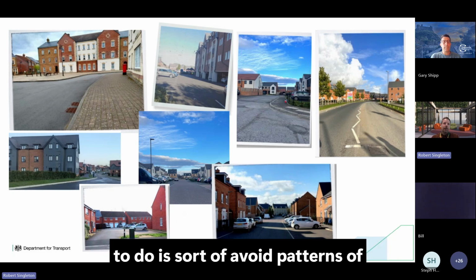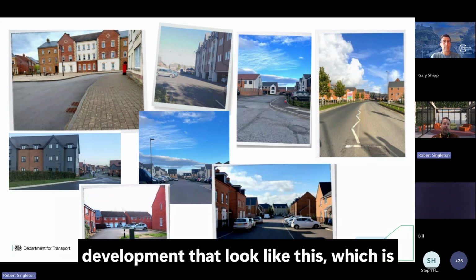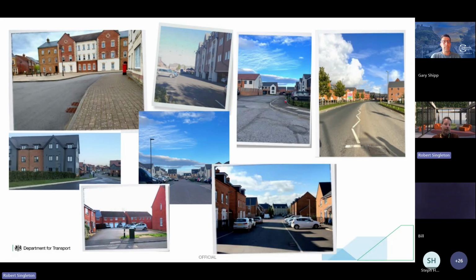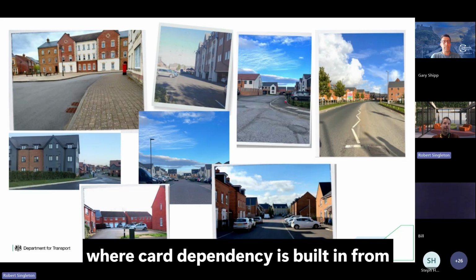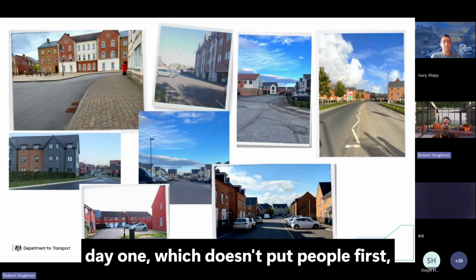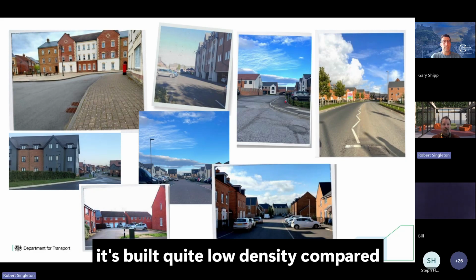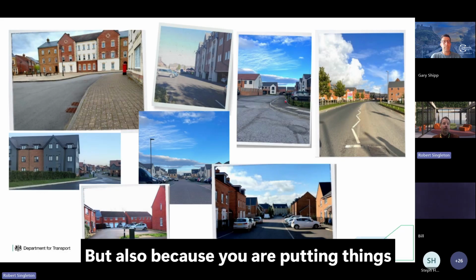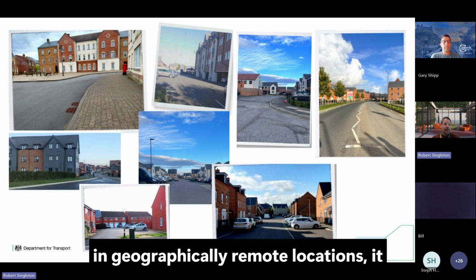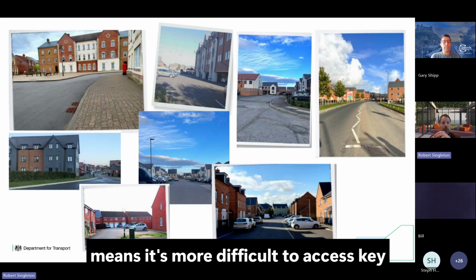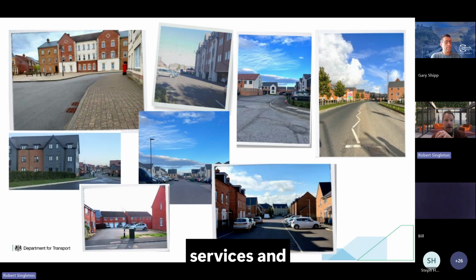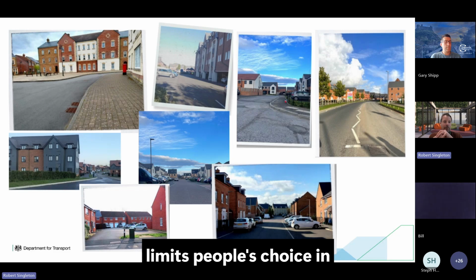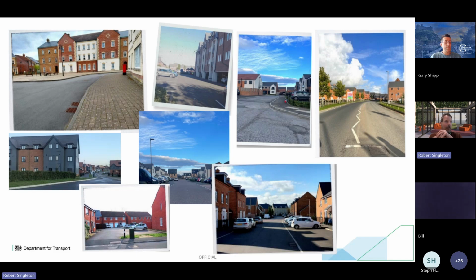And what we're really trying to do is avoid patterns of development that look like this, which is about geographically remote development, where car dependency is built in from day one, which doesn't put people first. It's built quite low density compared to our European counterparts. But also because you are putting things in geographically remote locations, it means it's more difficult to access key services and destinations, which again limits people's choice in the way they travel.